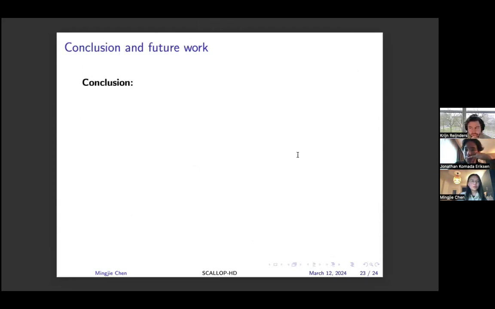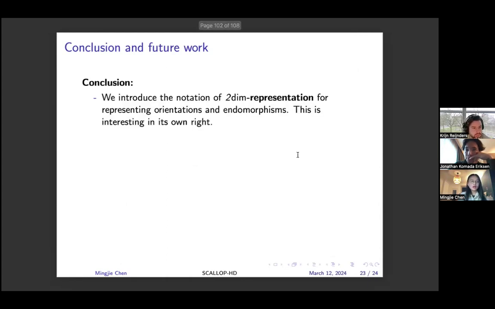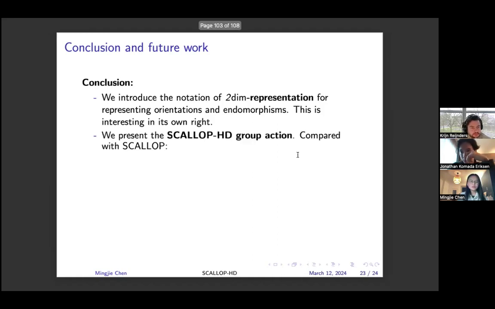Okay, so that brings us to the conclusion. We introduced the notion of two-dim representation for representing orientations and endomorphisms. Besides its application in SCALLOP-HD, this is also interesting in its own right. And we present the SCALLOP-HD group action.